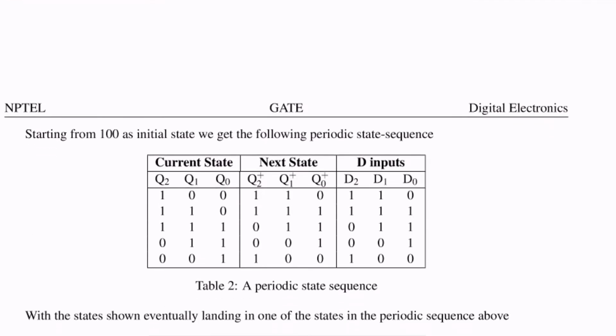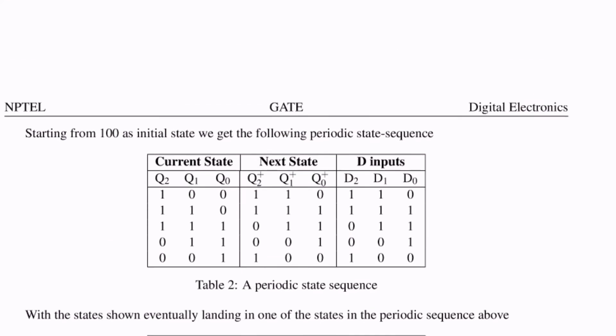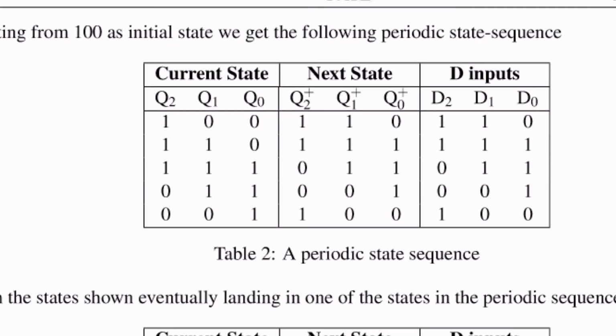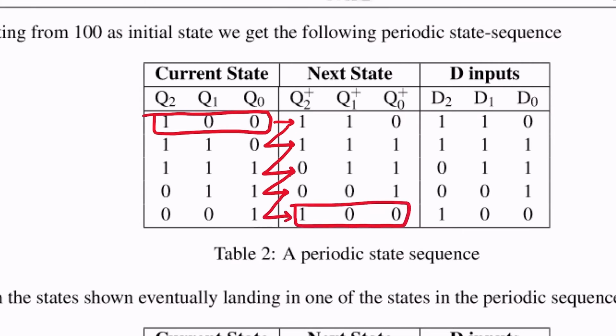With this out of the way, you can see that if the starting state for example is 100, the next state is 110, which goes to 111, which goes to 011, which goes to 001, and finally comes back to 100, right?